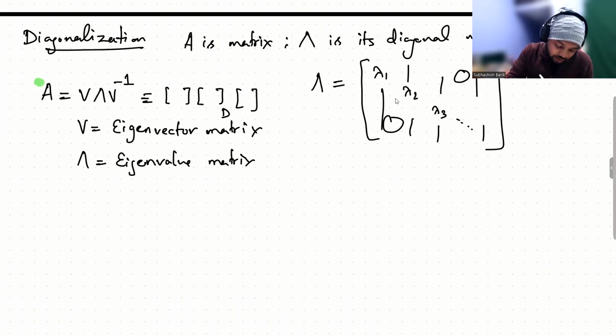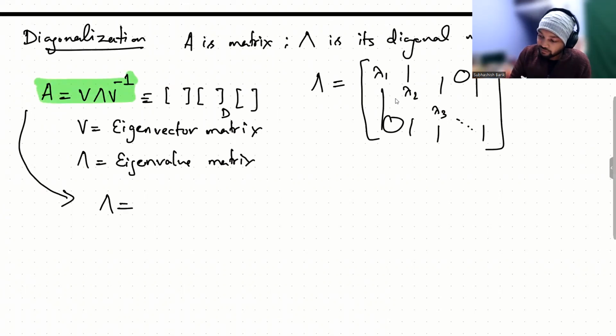This formula can also give rise to another formula, which is V inverse times A times V. These two are equivalent. You can just prove it on your own.